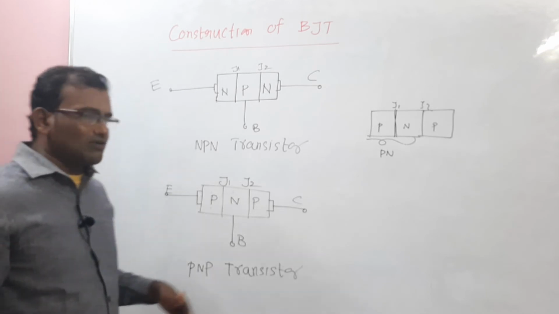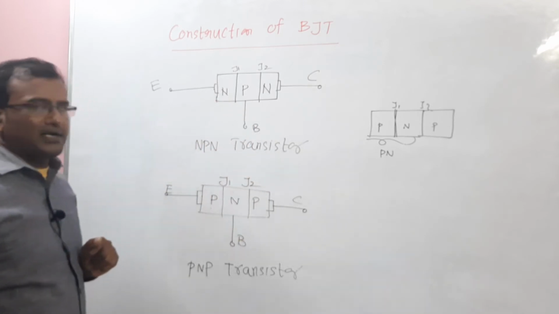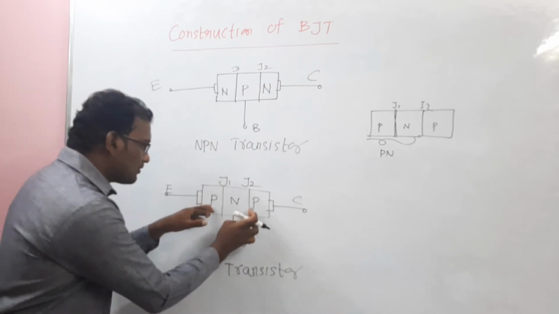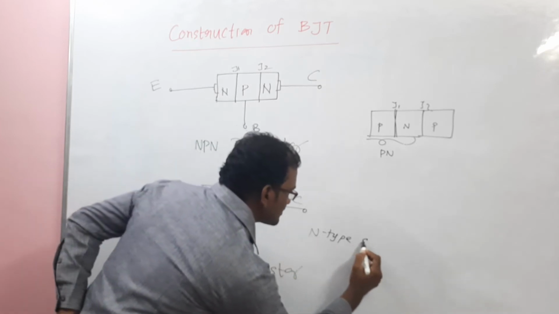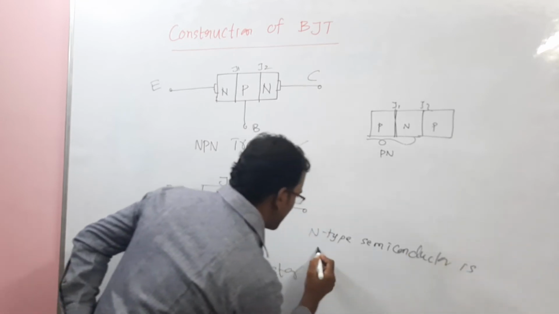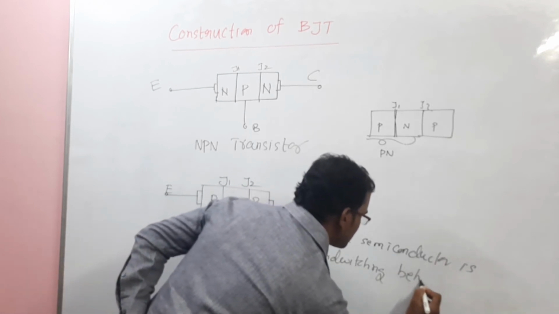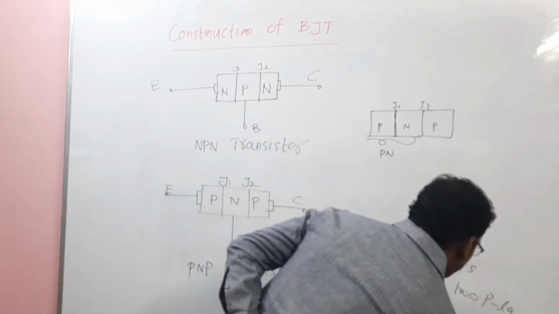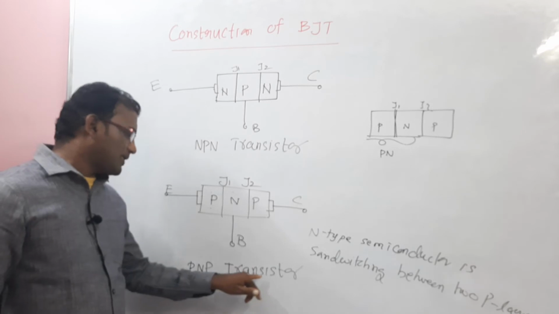Now how the construction has been done: an N-type semiconductor is sandwiching between two P layers, two P-type layers, which is named as PNP transistor.